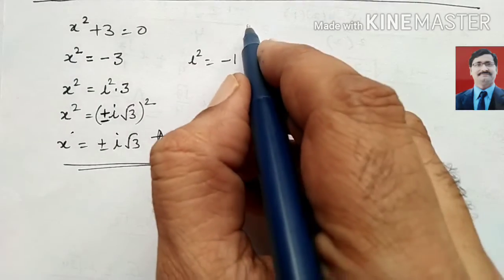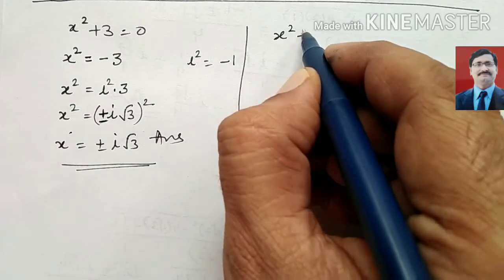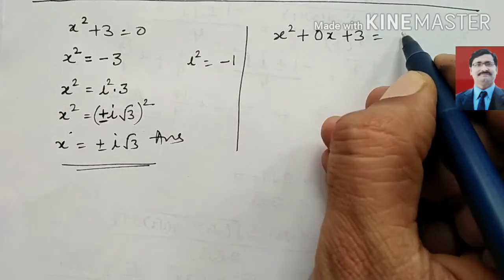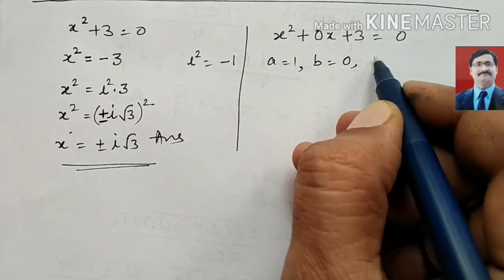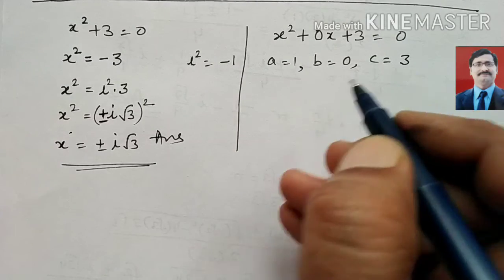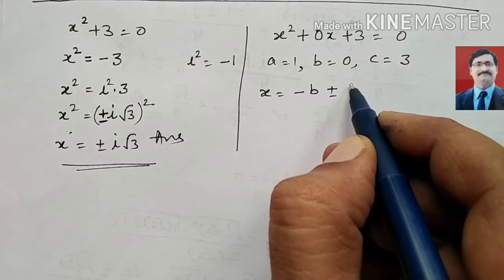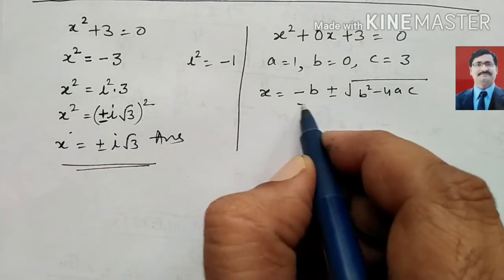And if you do not want to do this method, we have one more method, that is the quadratic formula method. You can write here x square plus 0x plus 3 equal to 0. Here a equal to 1, b equal to 0 and c equal to 3. You will write here x equal to minus b plus minus root b square minus 4ac upon 2a.